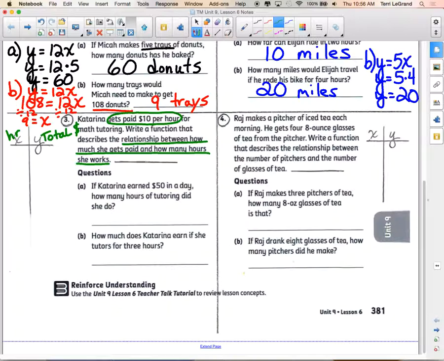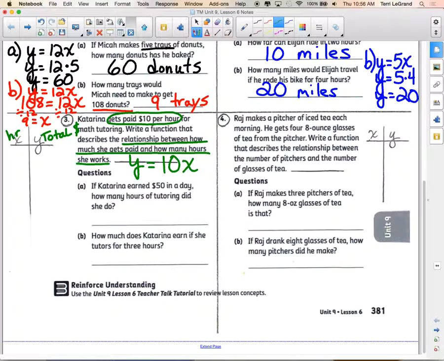So what would we have to do to the input to get the output? What would we have to do to the number of hours to get the total pay? Kaden? Take it times 10. So what would our equation be then, class? y equals 10x.